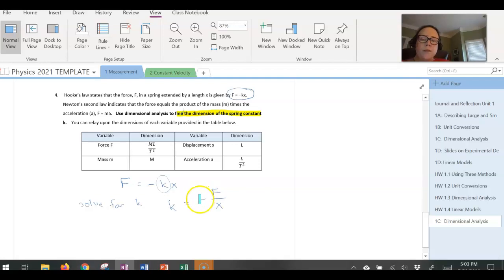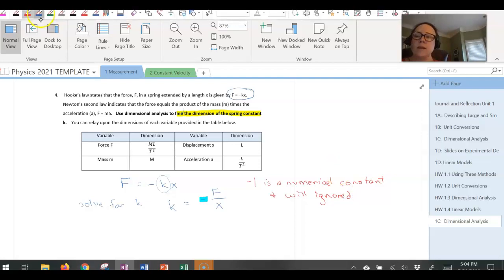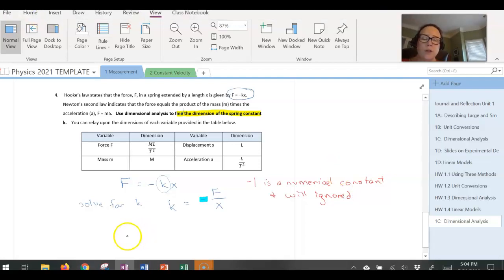By the way, what is this negative? That's negative 1, right? Negative 1 is a numerical constant, and will be ignored for our purposes of dimensional analysis. Okay, so let's find the dimension of k.